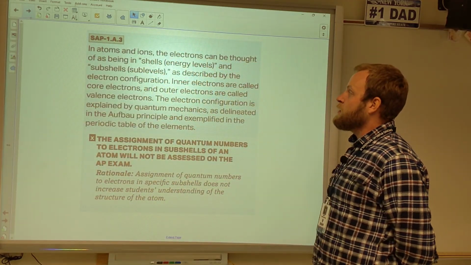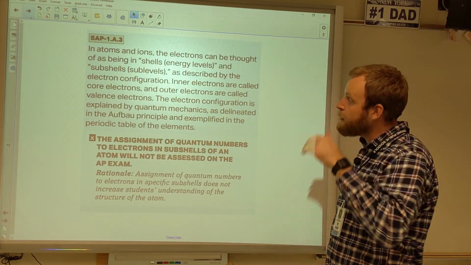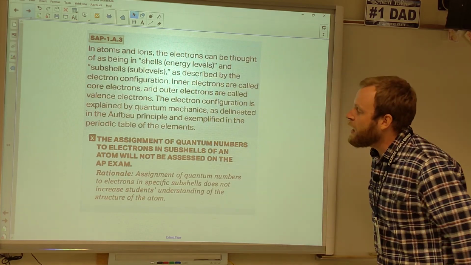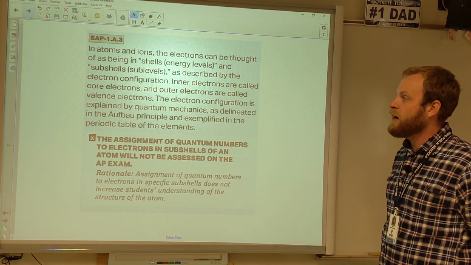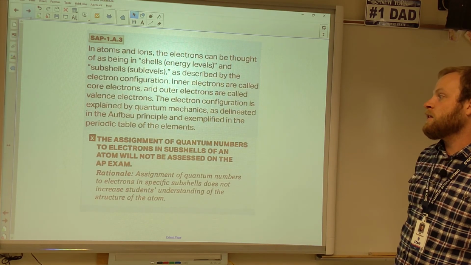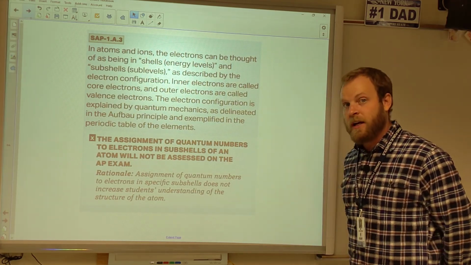In atoms and ions, the electrons can be thought of as being in shells, so those are the rings, and subshells, which are sublevels, which are kind of like areas in the rings. It's described by the electron configuration. Inner electrons are called core electrons, outer electrons are called valence electrons. The electron configuration is explained by quantum mechanics as delineated in the Aufbau principle and exemplified in the periodic table of the elements.